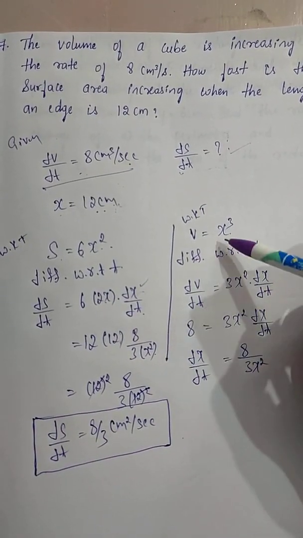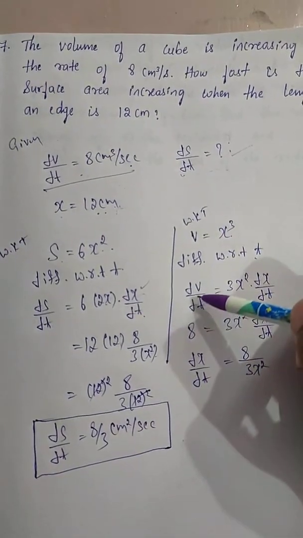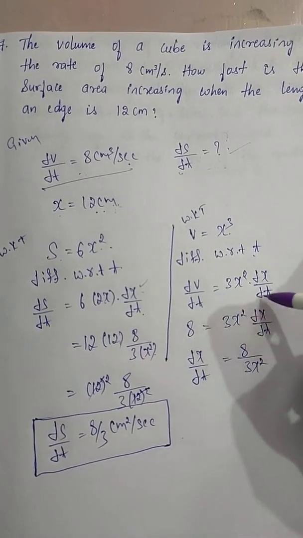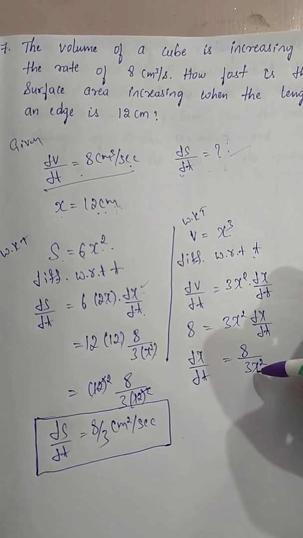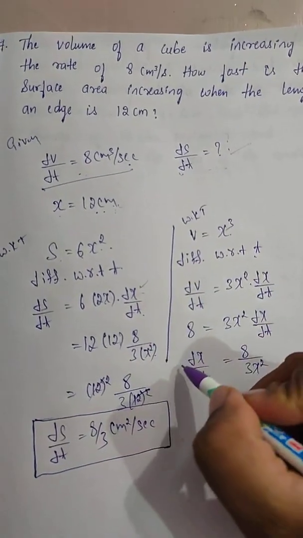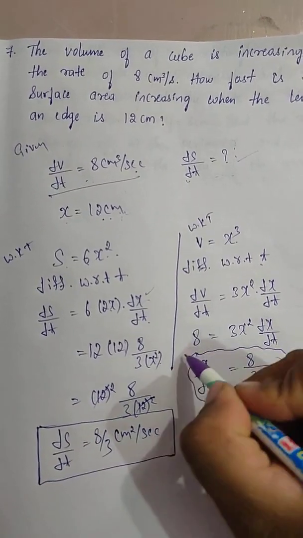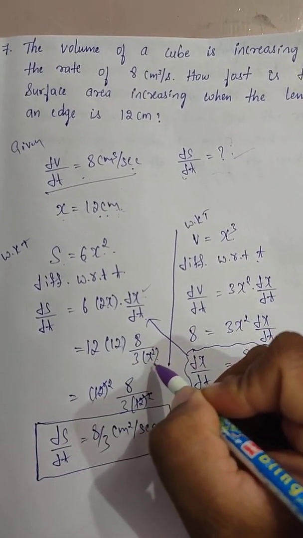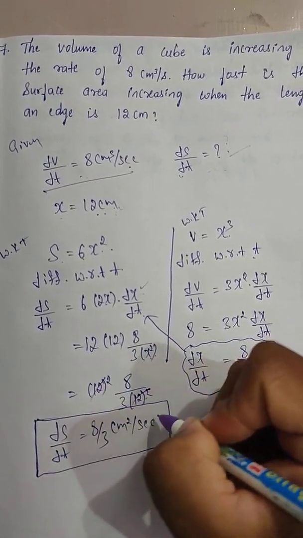dV by dt is equal to the differentiation of x cube, which is 3x square into dx by dt. They mentioned the dV by dt. dV by dt is 8. So 8 is equal to 3x square into dx by dt. Now dx by dt is equal to 8 by 3x square. I am substituting this dx by dt here. What is x? x is 12. 12 square, 12 square cancel.